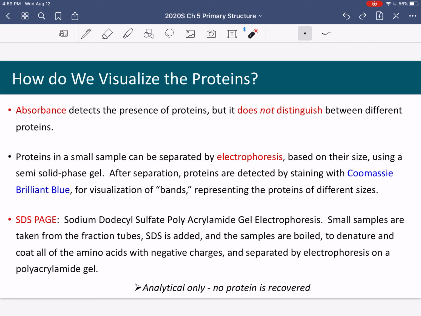And those bands are detected when we stain them with a dye called Coomassie Brilliant Blue, from the Kumasi region of Africa. Now, this dye binds proteins so strongly that you're going to want to wear gloves when using it in the lab. Otherwise, you have to wait for those skin cells to die because your skin is made of proteins, right?